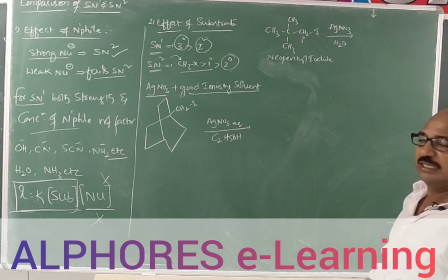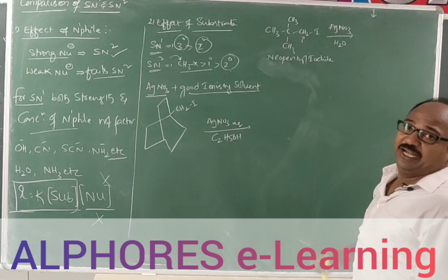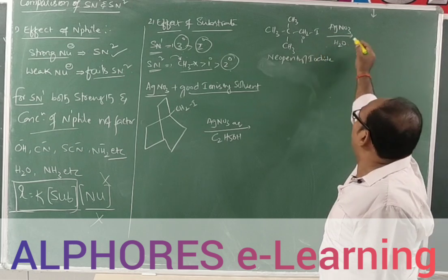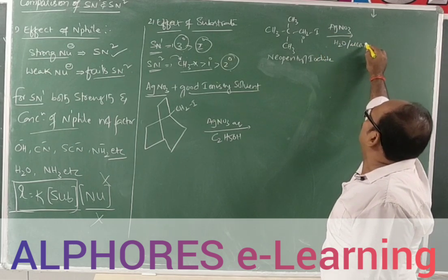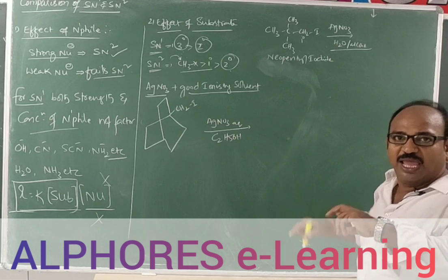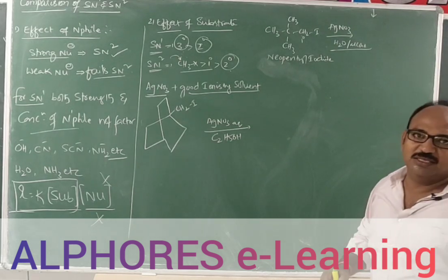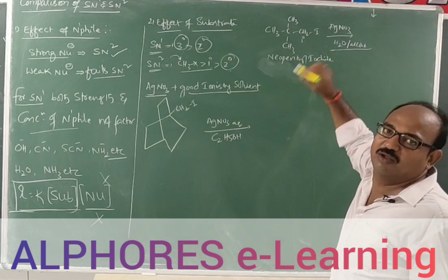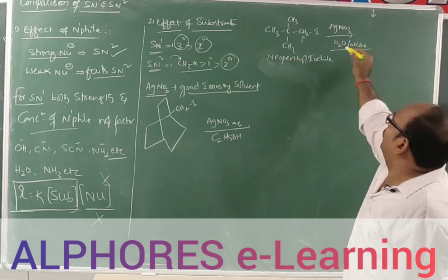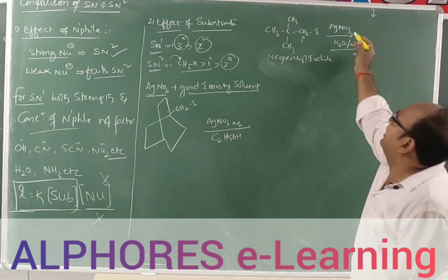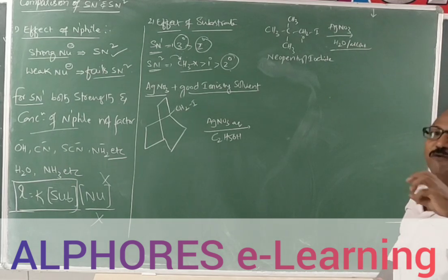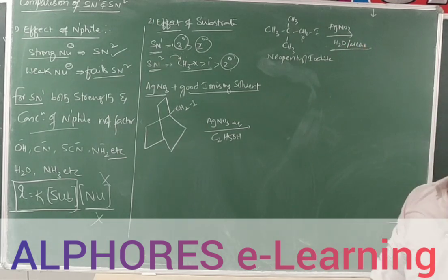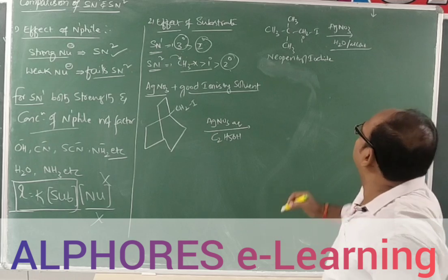But when we add silver nitrate to the solution of this substrate in aqueous ethanol, already I mentioned why we use aqueous and alcohol both: so that the substrate and attacking reagent can both be dissolved. So when we add AgNO3, it prefers migration of an alkyl group. Let us see how the mechanism proceeds.